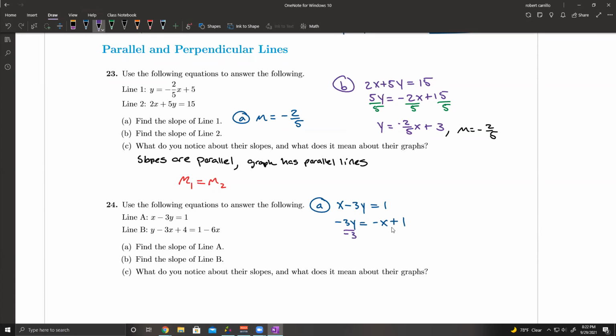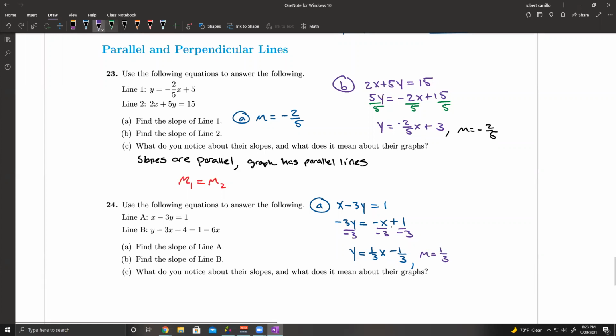Then divide everything by negative 3. And we get y equals positive 1/3 x minus 1/3. Okay, what's my slope here? 1/3. Slope is 1/3.